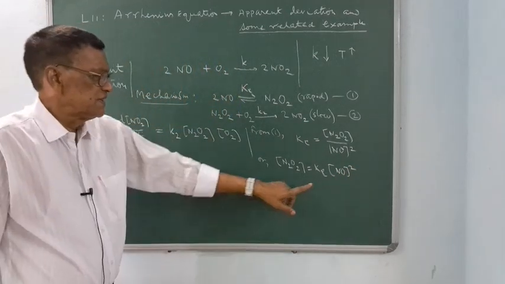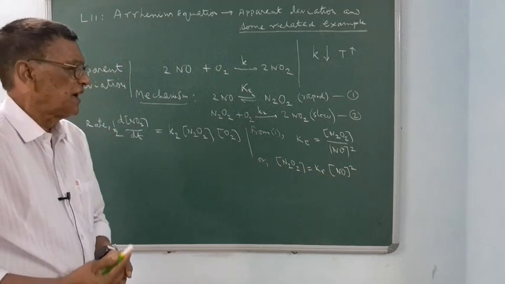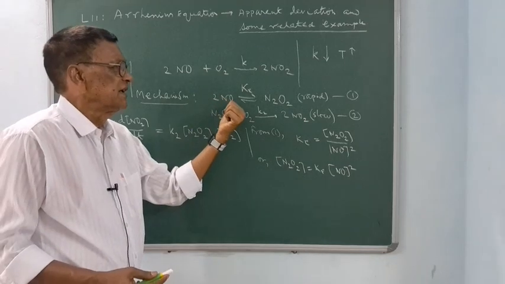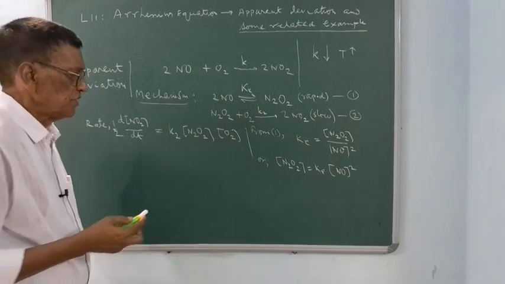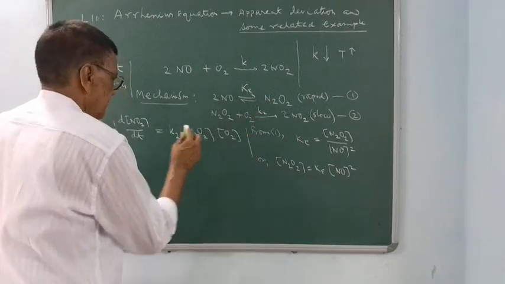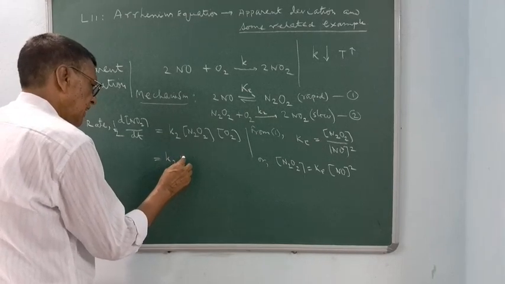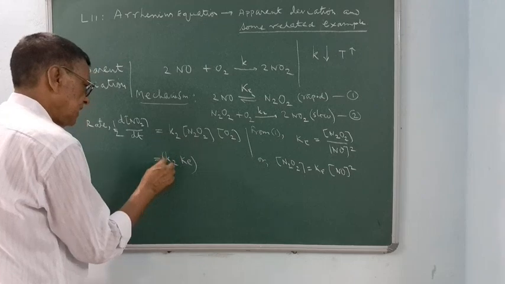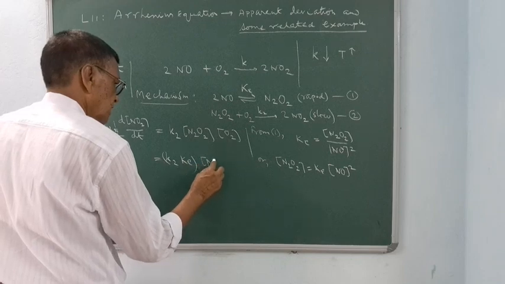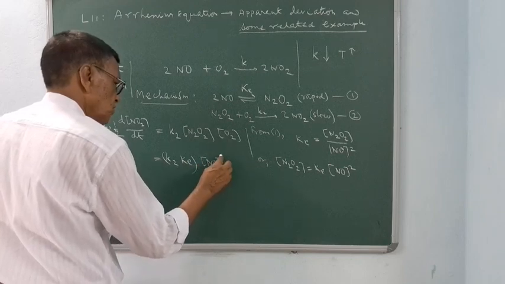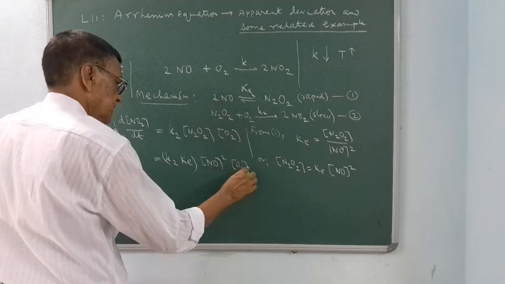So the concentration of this intermediate compound can be obtained from this step 1. If we substitute this, then it will be k2 and Ke and the concentration of NO square and the concentration of oxygen.